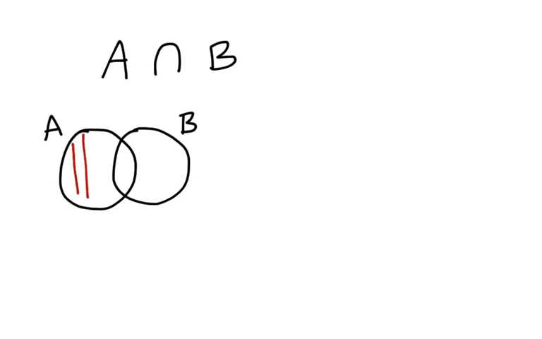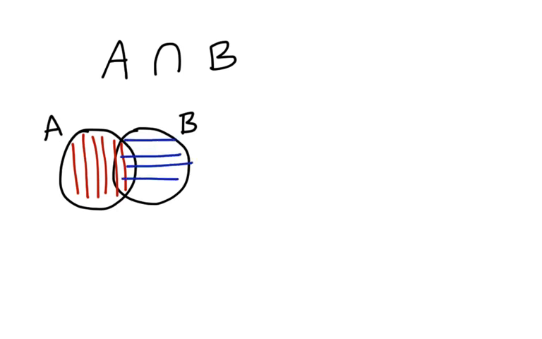So I've got set A and set B. There's my template where I'm going to start my diagram. And I want to know where A intersect B is. So I'm going to shade set A, and I'm going to shade it this way. There's set A. Then I'm also going to shade set B.